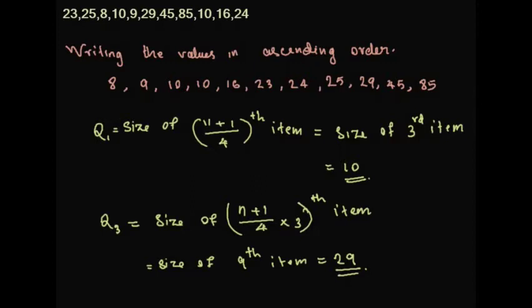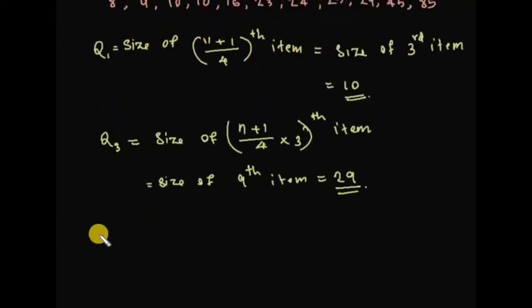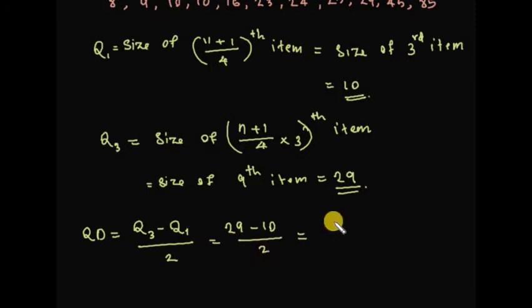Okay, now we can find QD. QD is equal to Q3 minus Q1 divided by 2. So 29 minus 10 divided by 2. Answer is 19 by 2, which is 9.5.